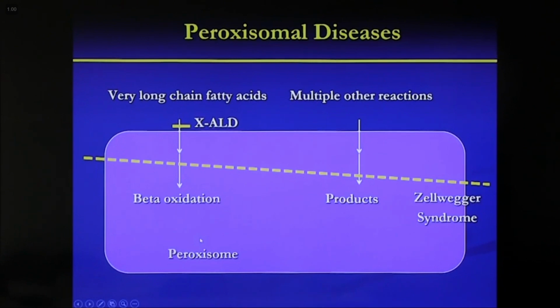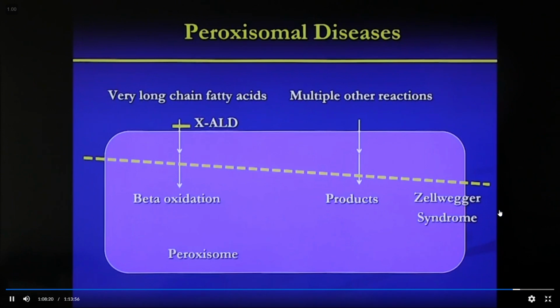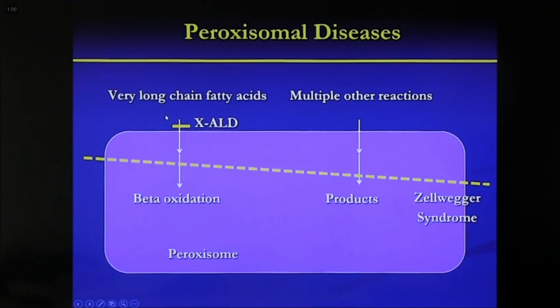There's actually something called Zellweger syndrome as well, in which all or many of the reactions in the peroxisome don't take place. So the peroxisome might have 50 enzymes in it, and if you affect one, you can have X-linked ALD. If you affect all of them, you can have Zellweger syndrome, which is a much more severe disease.